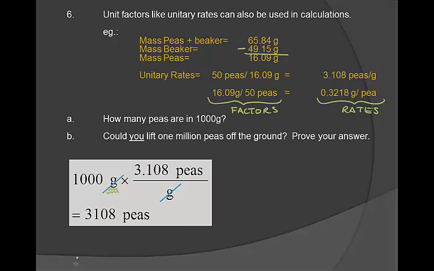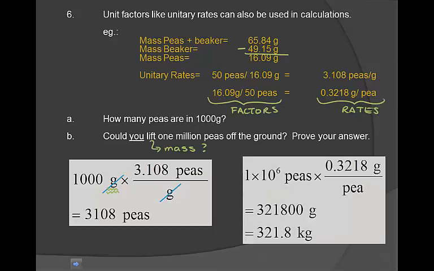Okay, here's another question. Could you lift 1,000,000 peas off the ground? And really, if it's asking if you could lift it, it's asking about the mass as the end. And it's starting with 1,000,000 peas. So if I start with 1,000,000 peas, I need to use a unitary rate so that I can get rid of the pea unit. So do I want the pea unit on the top or on the bottom? Well, I want it on the bottom.